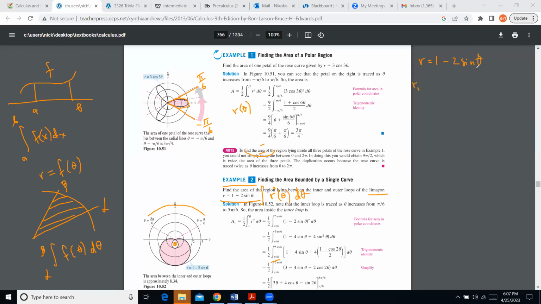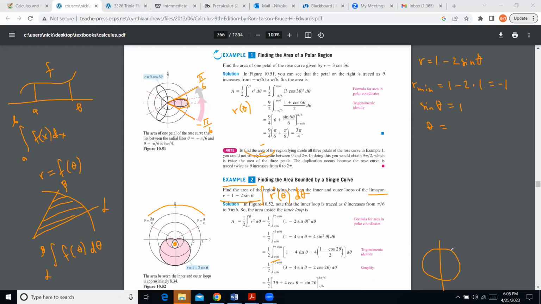Minimum. Well, looks like it's going to be when we have the value of sine equal to 1, right? So sine theta is 1, and that's going to be 1 minus 2, so it's -1. And then you can see the values for the function when sine is equal to 1. I'll make a picture here.